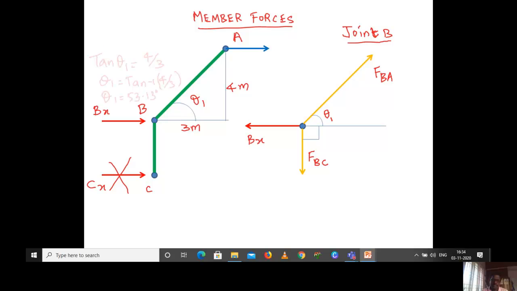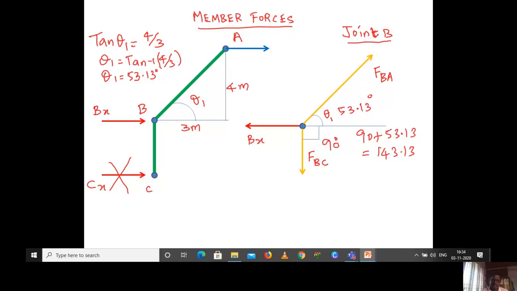So by using tan theta equal to 4 by 3, where tan theta is opposite by adjacent, you will get theta 1 equal to 53.13 degree. You can substitute the same thing here. Now the angle between the force FBA and the force FBC is 90 plus 53.13, that is 143.13 degree.